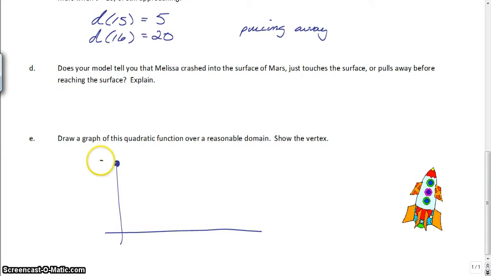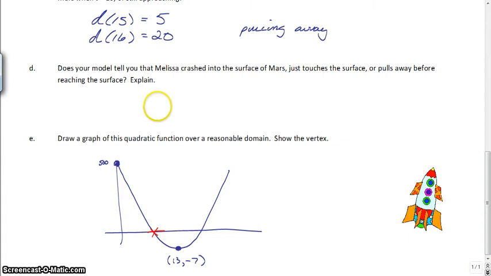We start at 0, 500, and then obviously a great point to have for this would be the vertex, because the vertex for this problem is going to be 13 minutes, negative 7 kilometers. So that means right over here, she crashes into Mars.